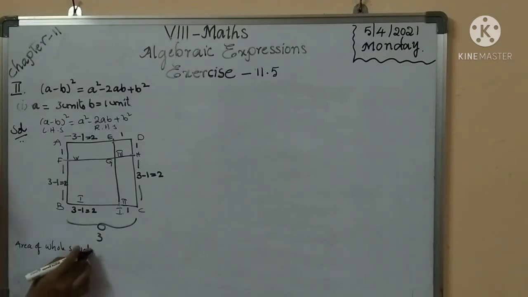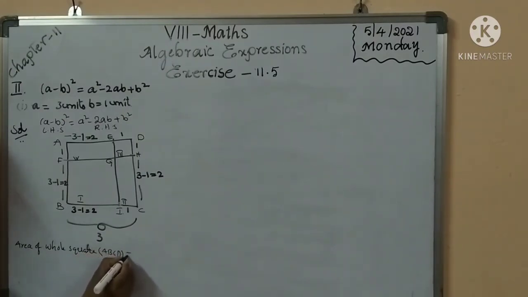The area of the whole square ABCD is side into side. So here 3 into 3, 3 3s are 9 square units. Understand? It is the whole area of the square.